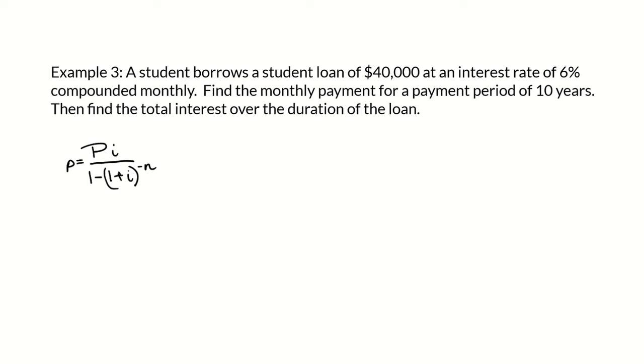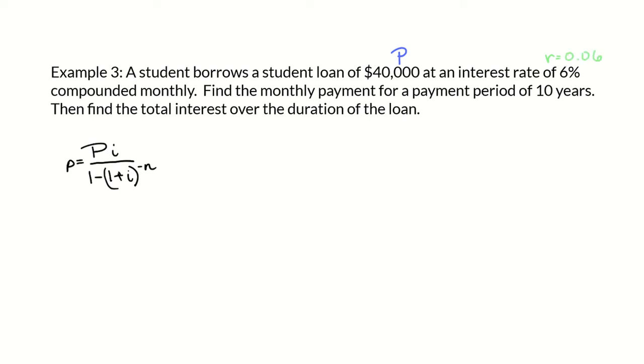Example 3: a student borrows a student loan of $40,000 at an interest rate of 6% compounded monthly. Find the monthly payment for a payment period of 10 years, then find the total interest over the duration of the loan. So the present value of the loan is $40,000. The interest rate is 6%.